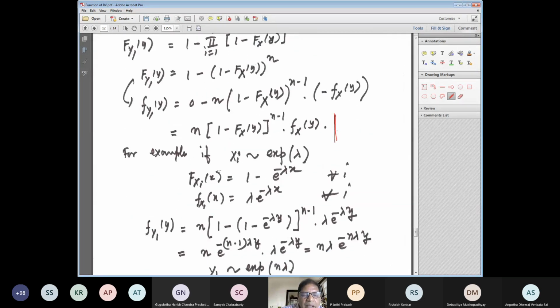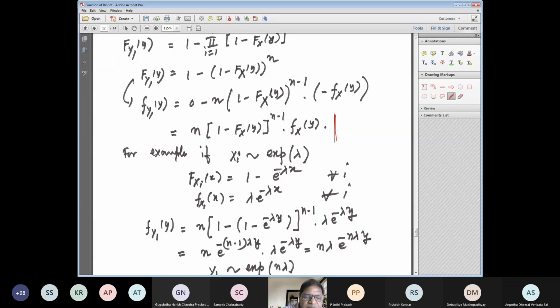For example, if all the Xi's follow the exponential distribution with the same parameter lambda, then the CDF is 1 minus e to the power minus lambda x, and the density function of X is lambda e to the power minus lambda x.